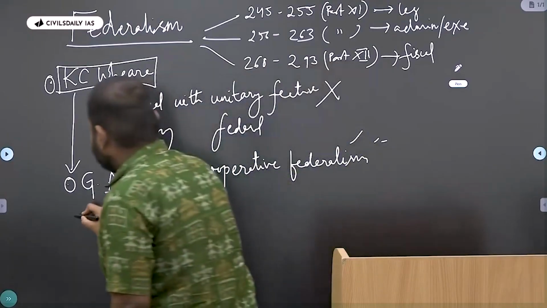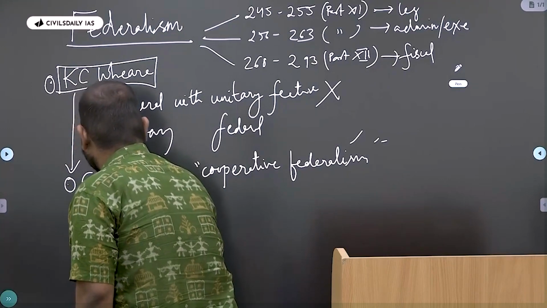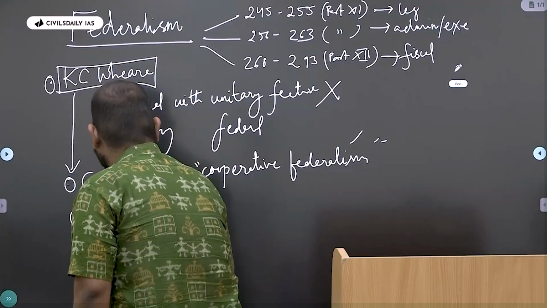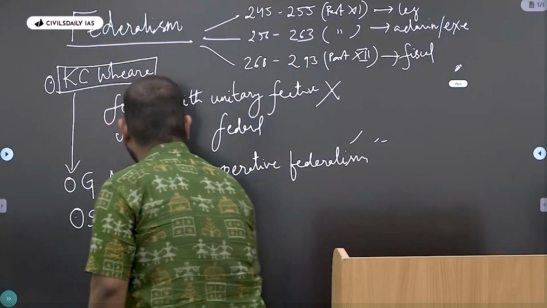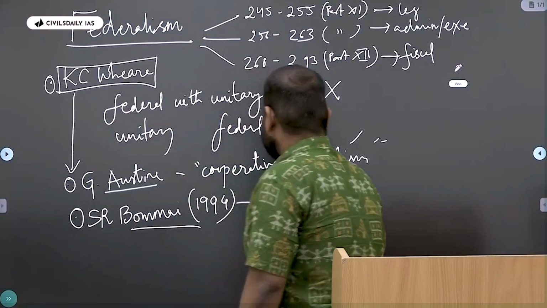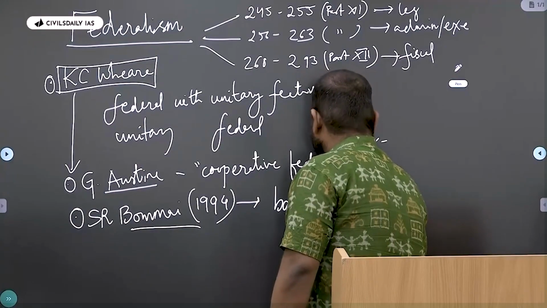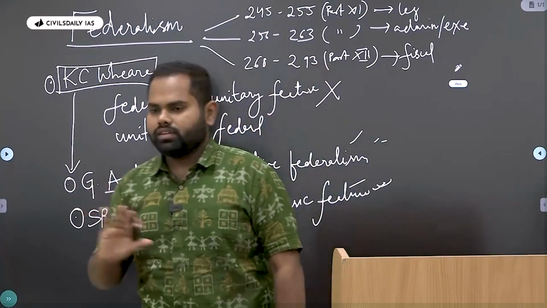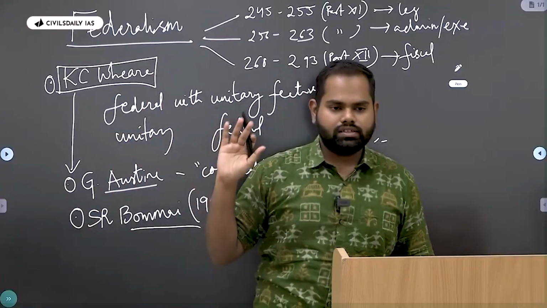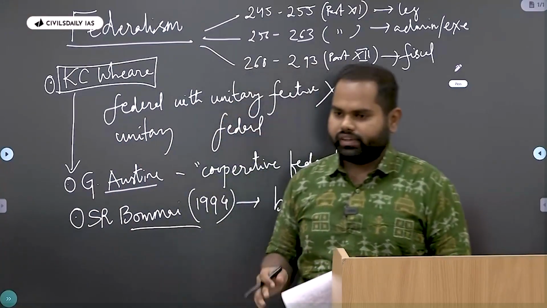And a very famous case for a ready-made conclusion is the S.R. Bommai case, 1994, where federalism is held to be a basic feature of the Constitution. So these are the three things, along with the articles, that are the base of federalism that you can always remember.